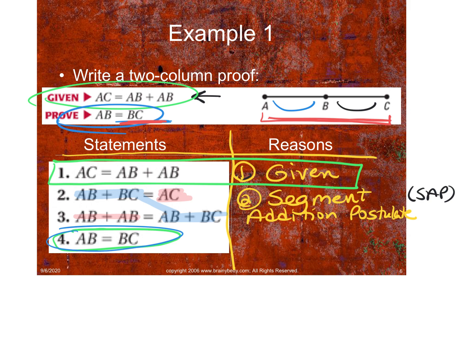If you remember, up in step 1, they told us that AC equaled AB plus AB. So what they did was a substitution. They took out AC and replaced it with what was given, that AC equals AB plus AB. So step 3 is substitution.